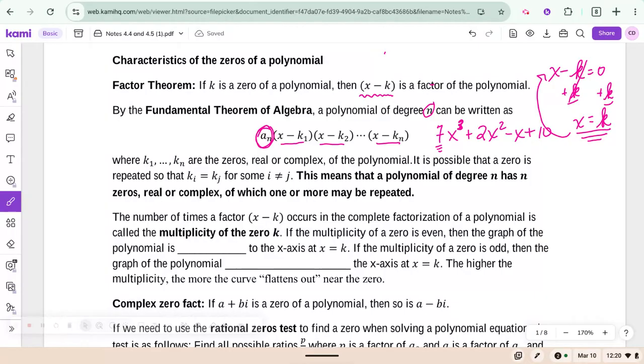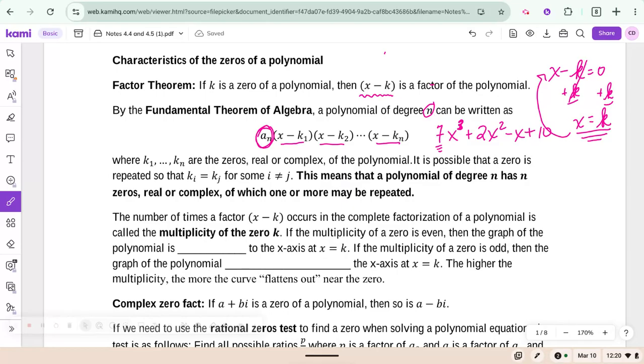So for example, you might have k sub i and k sub j, or maybe to put it in numerical terms, let's say the third and the fourth factors or zeros are the same number. So sometimes that happens. Sometimes you have zeros that repeat.